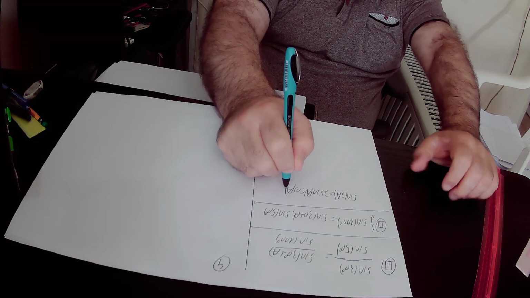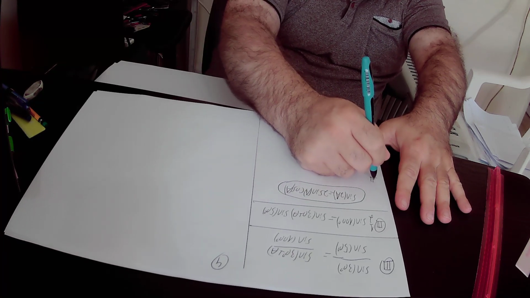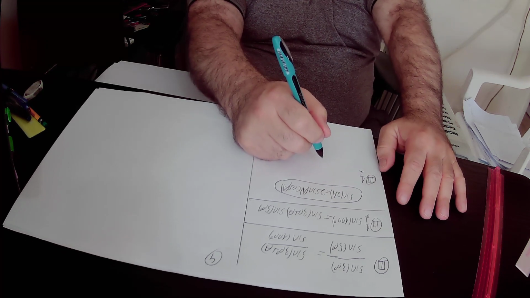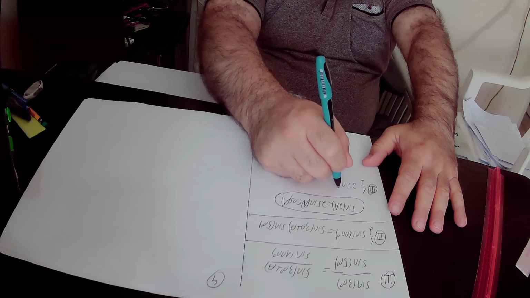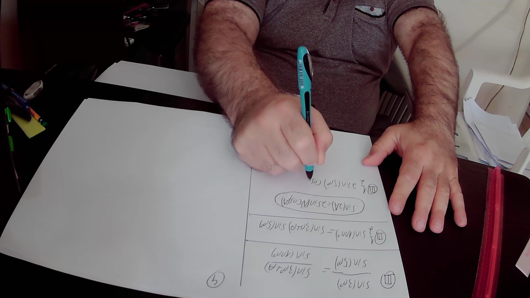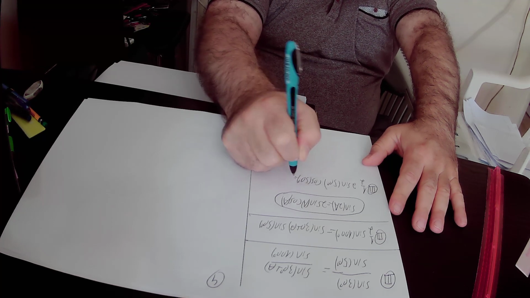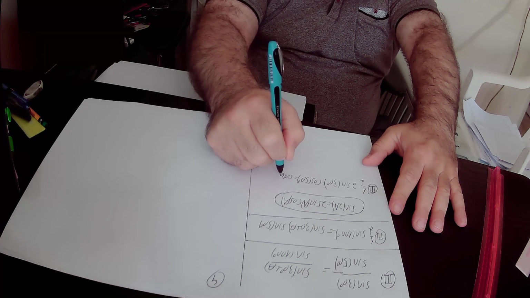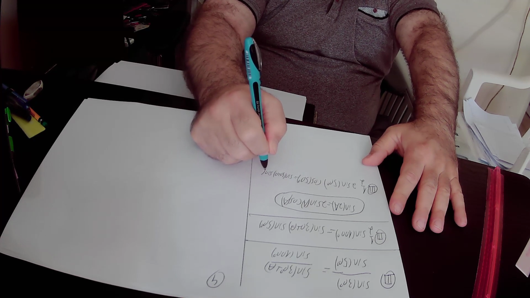According to this identity, we will get that sine 100 degrees equals 2 sine 50 degrees times cosine 50 degrees, and it equals sine 30 degrees plus theta times sine 50 degrees.